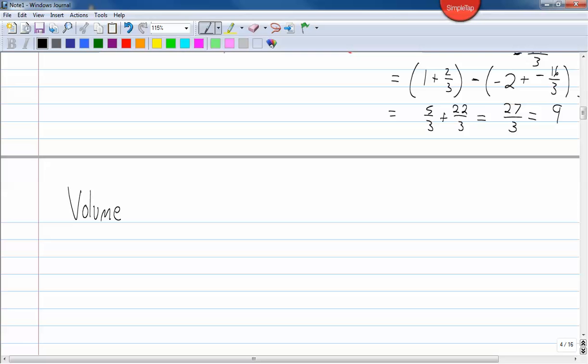Okay. Instead of summing up, say, rectangles, if you take that into 3 dimensions, we could sum up discs. And so that's what we're going to work on first. Volume by the disk method.